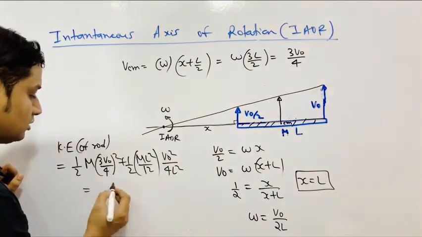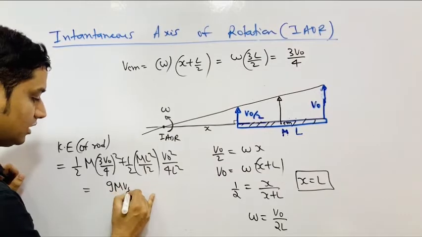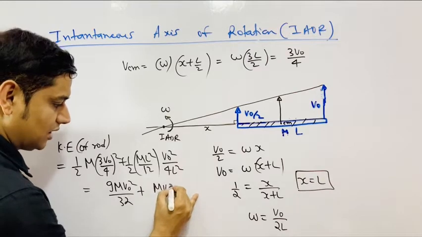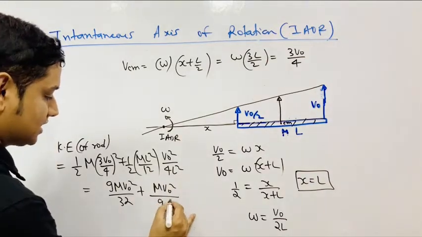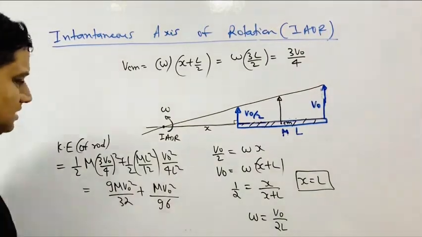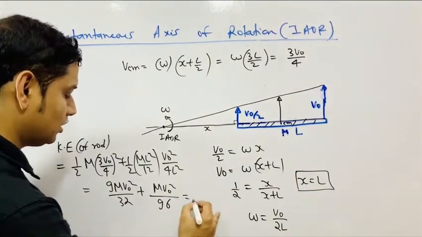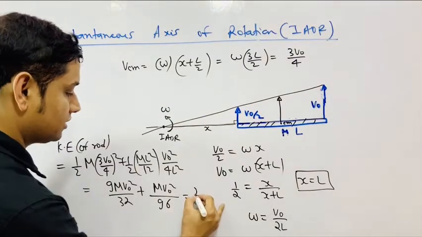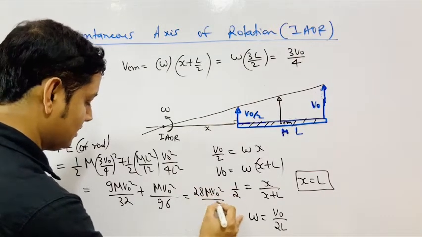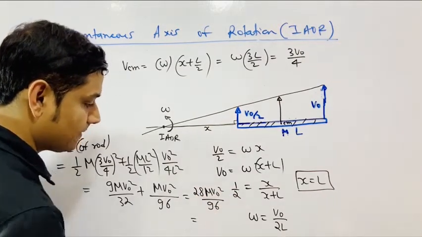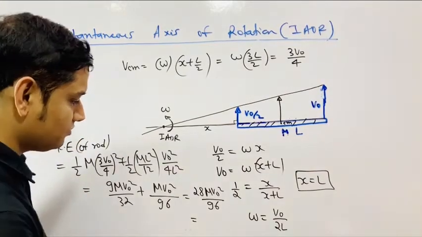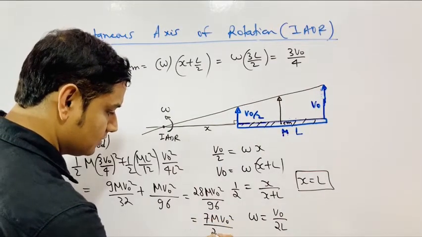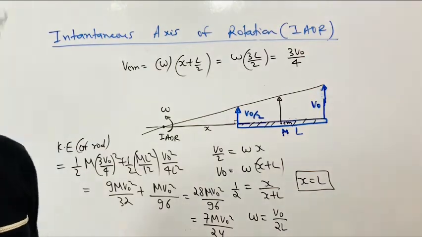So in that case you are going to get 9 m V naught square by 32 plus m V naught square by 24 into 4, that is 96. That becomes 27 plus 28... 28 m V naught square by 96, and cancelling by 4, 7 m V naught square by 24. This is the kinetic energy you obtain when you take superposition.